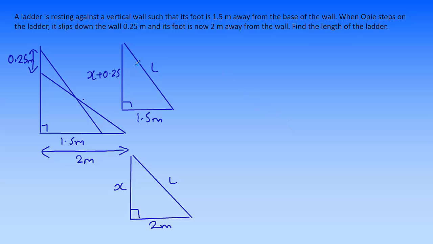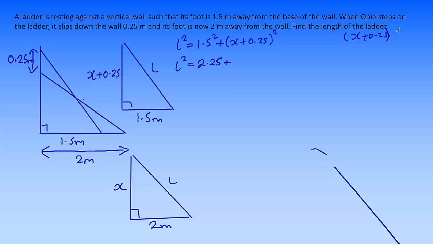So applying Pythagoras in this one gives me that L squared is 1.5 squared plus x plus 0.25 squared. So 1.5 squared is 2.25. And then if we expand this, remember what we're doing here is expanding x plus 0.25, x plus 0.25.